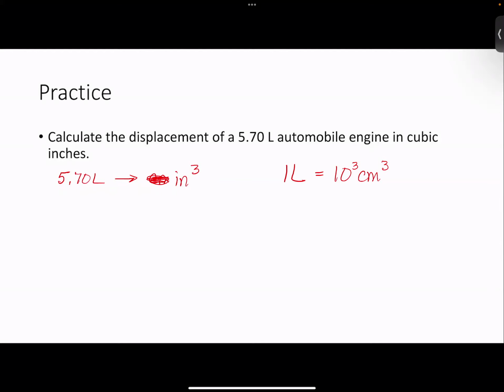And centimeters and inches both are ruler type measurements. But I need to convert that centimeter cubed into inches cubed. So I gave you one just a moment ago where 2.54 centimeters is equal to 1 inch, and we cubed that to come up with 16.387 centimeters cubed is 1 inch cubed.